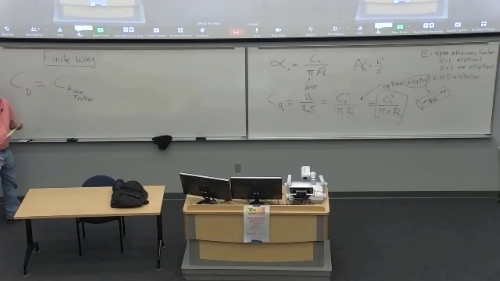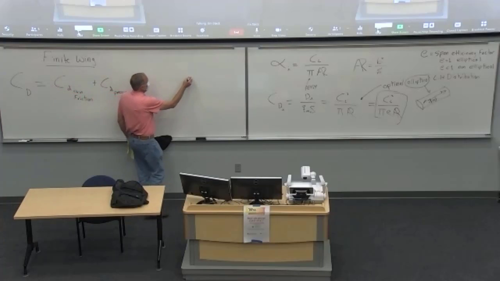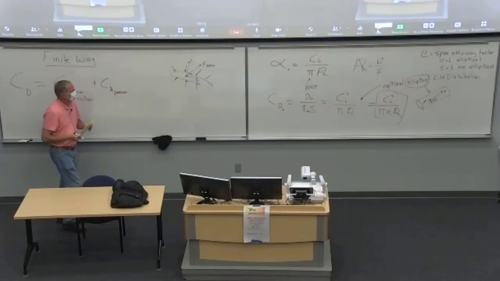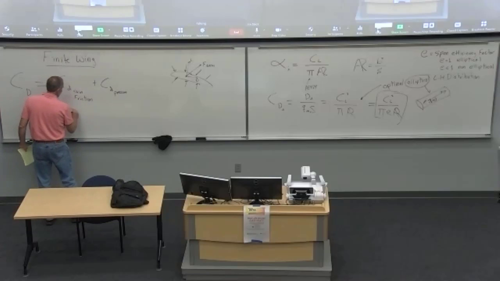You have the skin friction drag, which is due to the boundary layer. And then you have the drag due to the pressure distribution, meaning we have our wing or our airfoil, and you have pressure acting all the way around it. And remember, we had an aerodynamic force, and we broke that up into lift and drag. There's two components. So that's the pressure drag. And from the airfoil tables, that's where you get this whole thing.